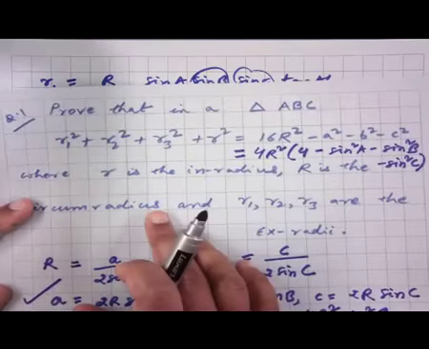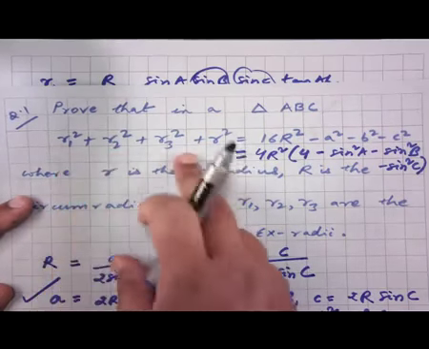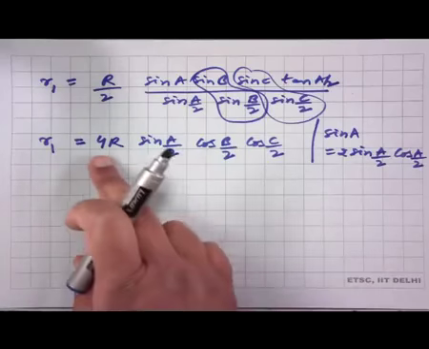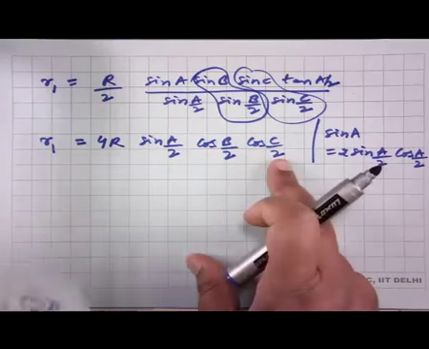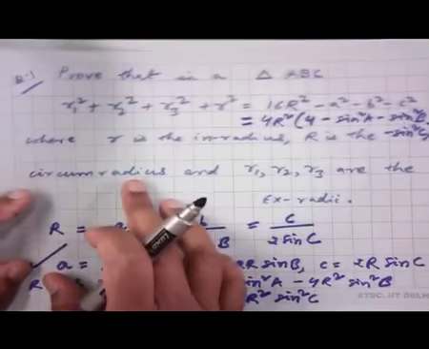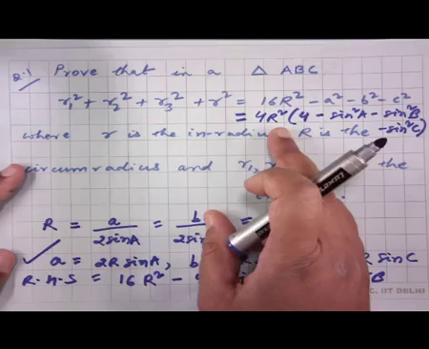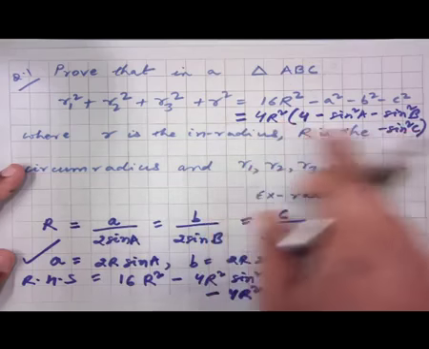Basically, we are going to replace all of these r1, r2 and r3 by their corresponding expressions of this form, and then sum all of them up, and with some simplification we should be able to get this right hand side.